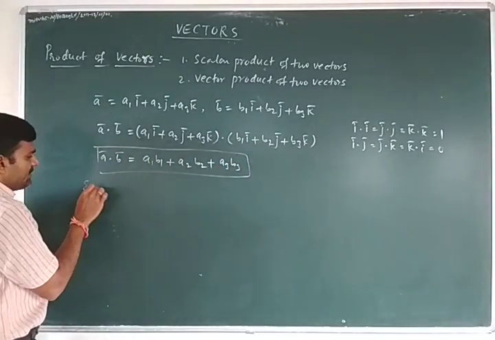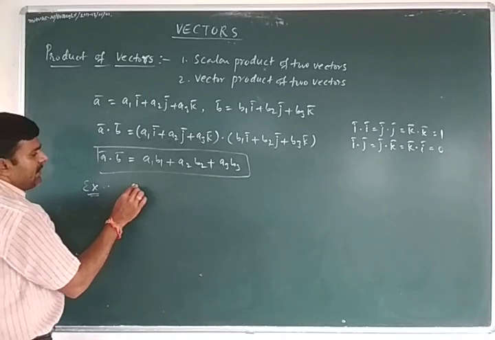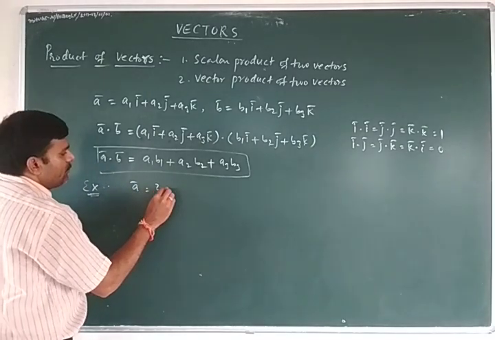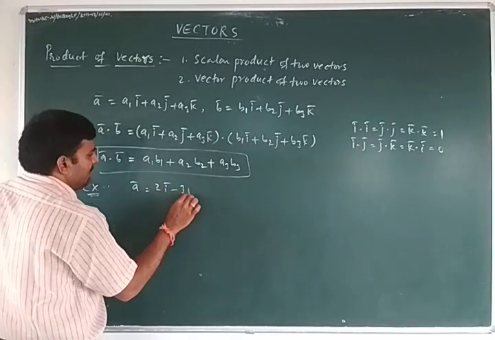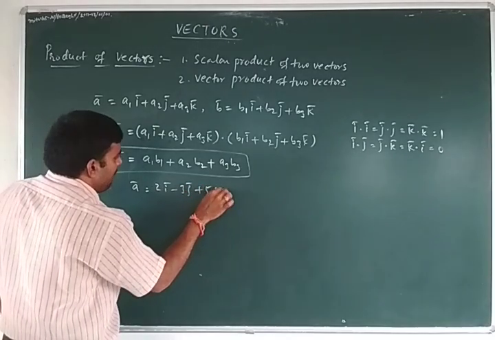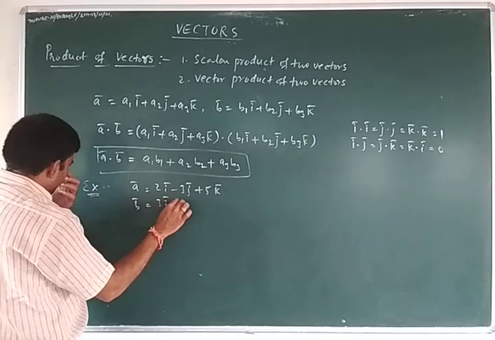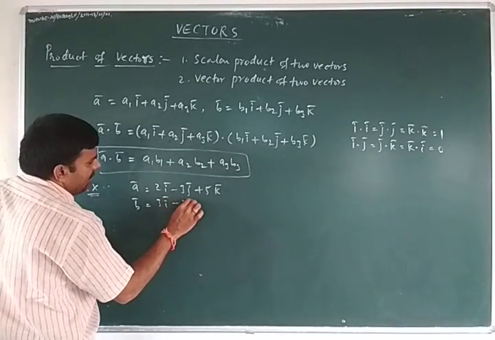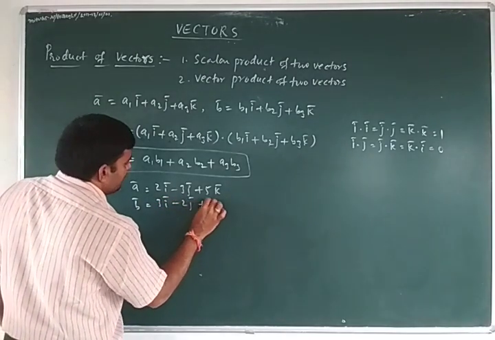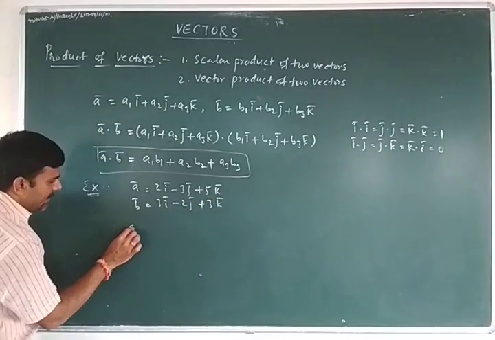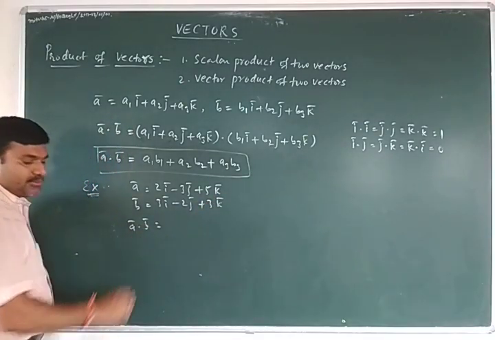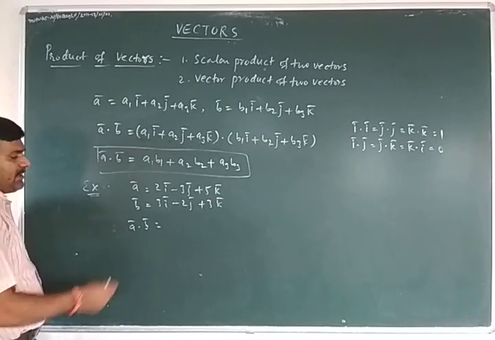An example we will see. Suppose A bar is equal to 2I bar minus 3J bar plus 5K bar, and B bar is equal to 3I bar minus 2J bar plus 3K bar. Then A bar dot B bar is equal to? How do we find the dot product of these two vectors?